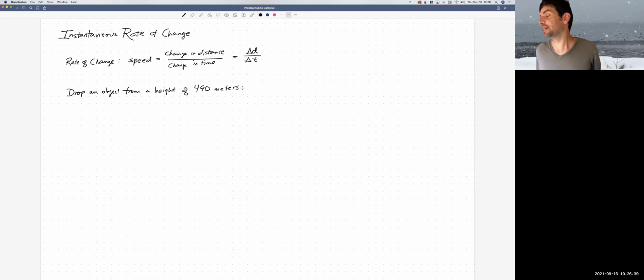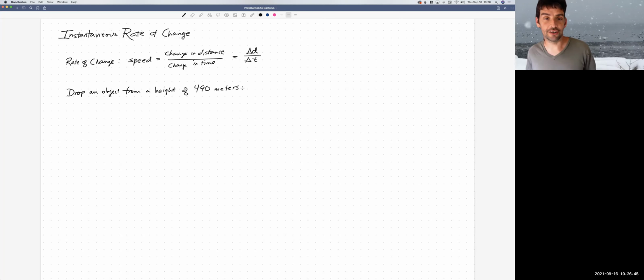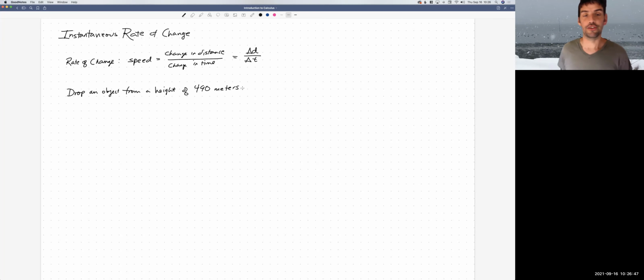This can be a very complicated problem if we worry too much about things like air resistance. Let's pretend it's in a tower that has been evacuated of all air. So we've got a vacuum. So it's just going to fall under the force of gravity. Physics gives us a model for this falling.